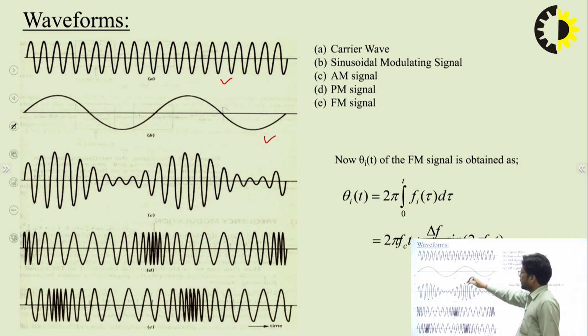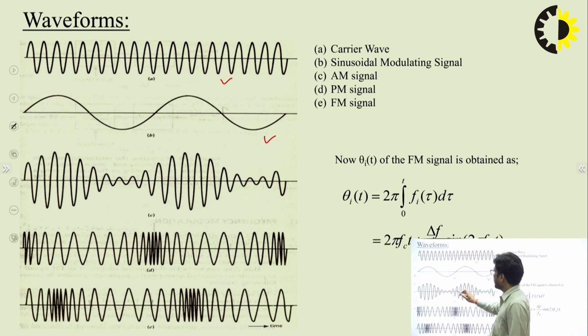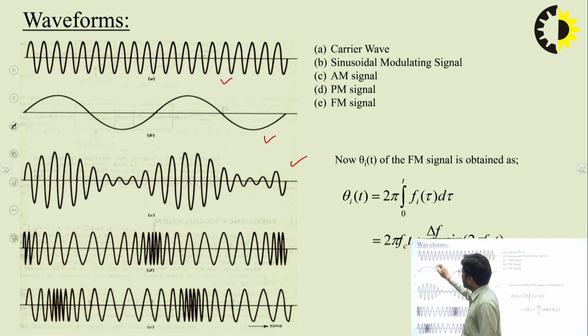So here we can see we have the amplitude variation in the carrier signal. So we can say this is an amplitude modulated signal here, right? Because here you can clearly see the maximum value of the message signal. That's why we have the maximum deviation in the amplitude of the carrier signal at the maximum value of the message signal, while at the minimum value of the message signal we have a smaller amplitude of the carrier signal.